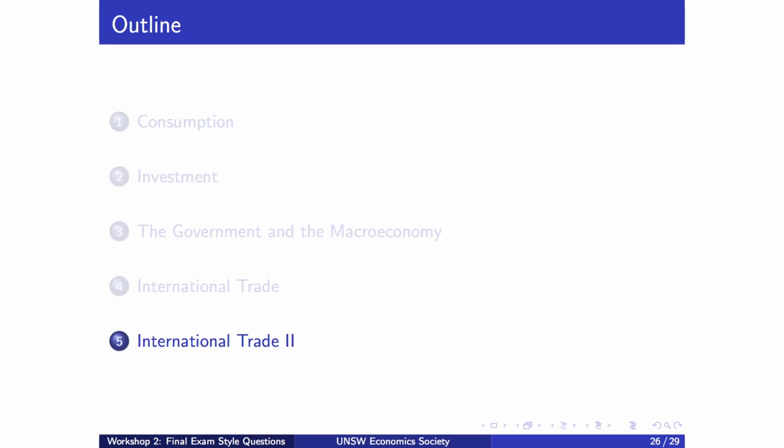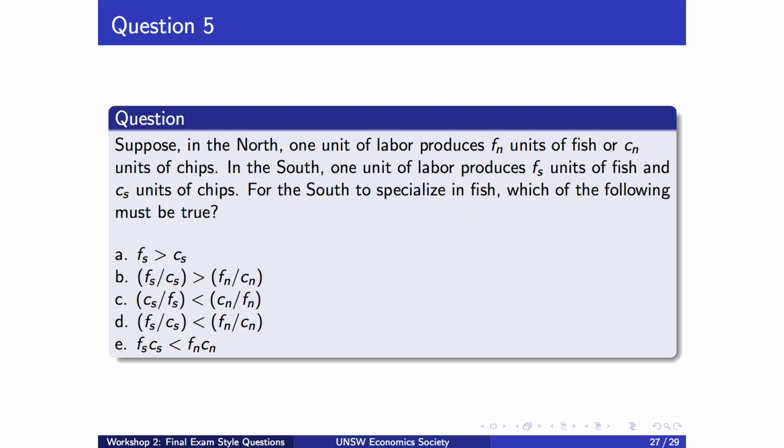Our last question will also be on international trade. Question 5. Suppose in the north, 1 unit of labor produces Fn units of fish, or Cn units of chips. In the south, 1 unit of labor produces Fs units of fish and Cs units of chips. For the south to specialize in fish, which of the following must be true?